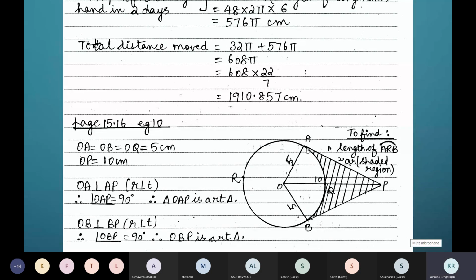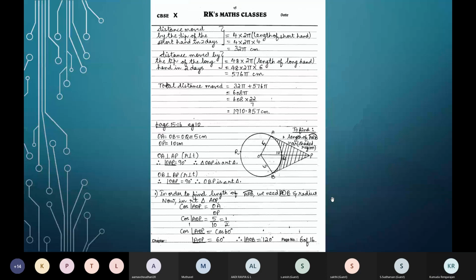You can also find the area of the quadrilateral. You can find the area of the triangle, multiply by 2 to get the area of the quadrilateral. In that case, you need to subtract the area of this sector to get the area of the shaded region. You can do it in 2 ways.